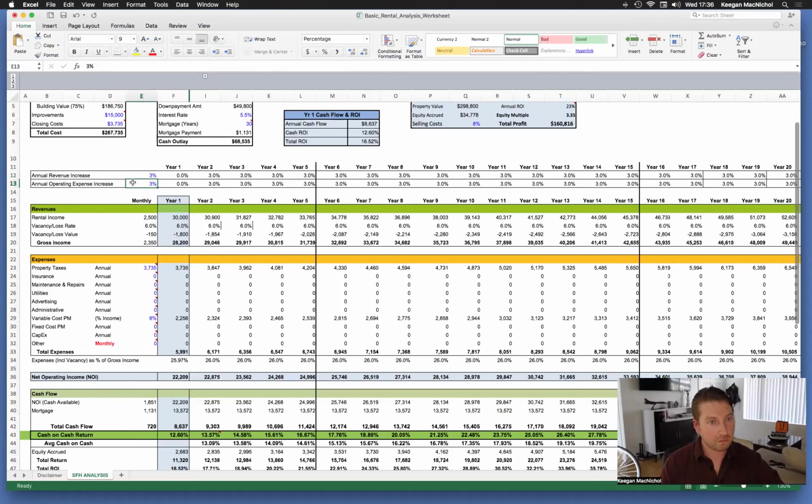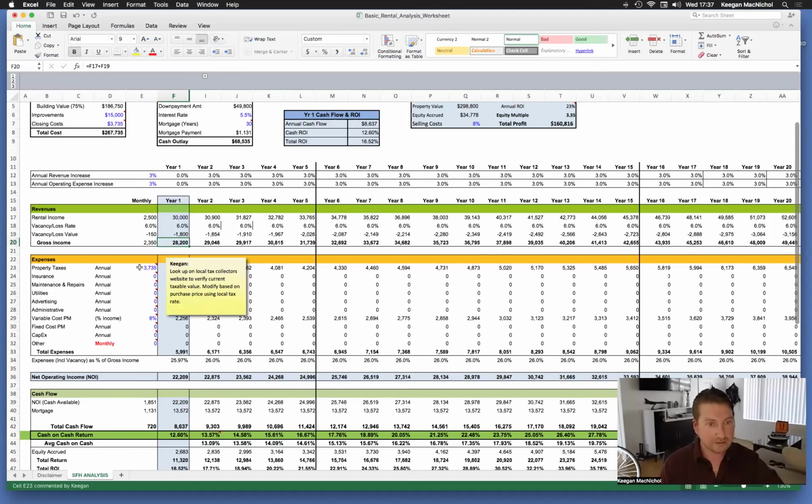Now you always want to account for increasing expenses as well, right? 3%. So that gives us annual income of $30,000, less vacancy. So that basically gives us a little over a month of vacancy. Gives us a gross income.